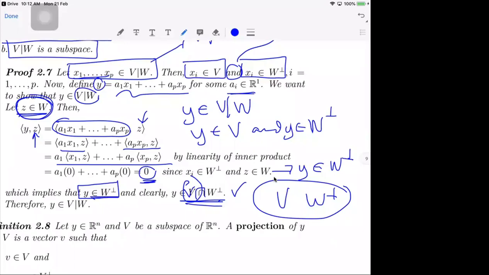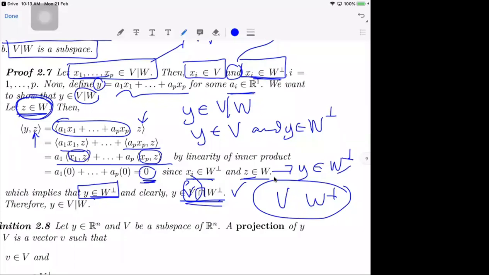So in here, we just see that y is in W perp, since the a_i are in W perp and z is in W, so this inner product here is 0.